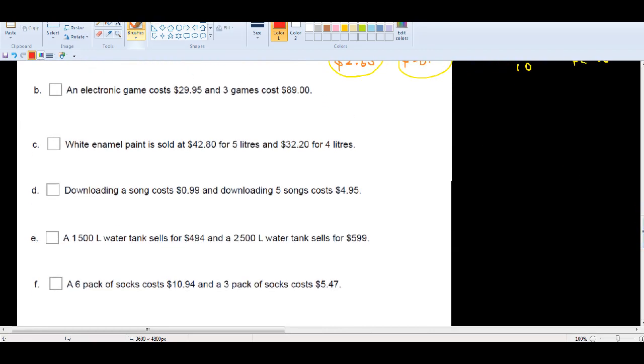An electronic game costs this much, and 3 games cost this much. This one will possibly be easier. The first quantity is the number of electronic games, and the second quantity is the price again. Let's pair them up.